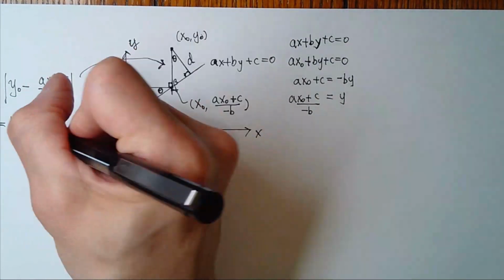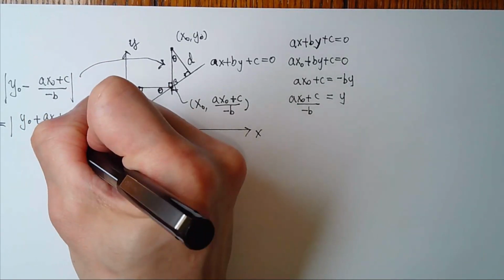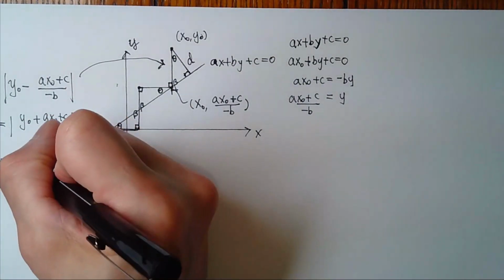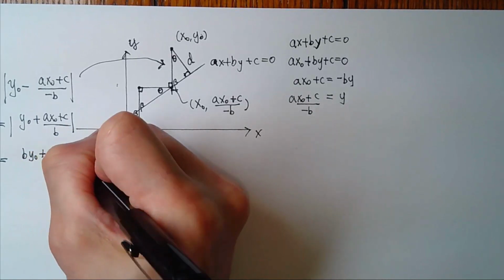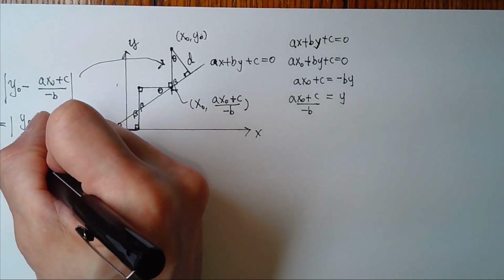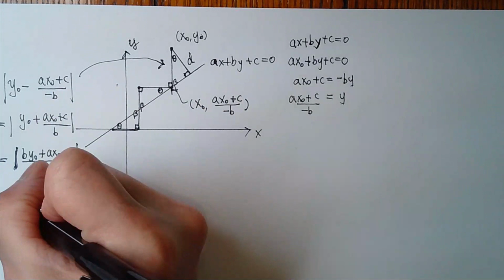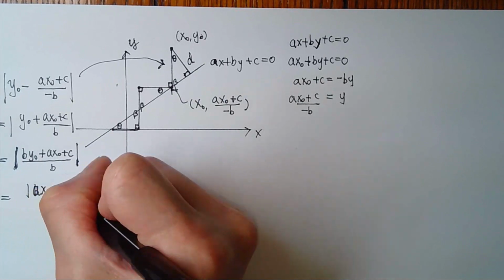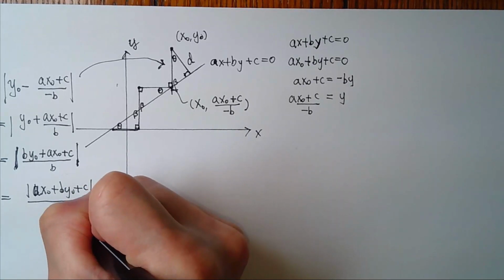And that is the same as y0 plus (a x0 plus c) divided by b. The two negatives become a positive. Simplify, and we have the absolute value of (a x0 plus b y0 plus c) divided by b. All right?